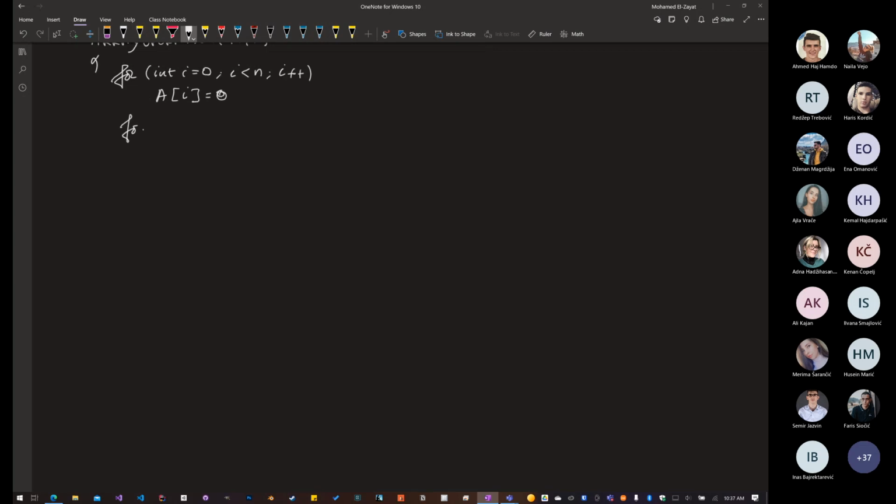And then we're going to have another for loop. Actually, I don't need to write int, but apparently it's a force of habit, so I'm going to change it right here. So i equals 0 and i is less than n, i plus plus, then we have another for loop: j equals 0, j is less than n, j plus plus.